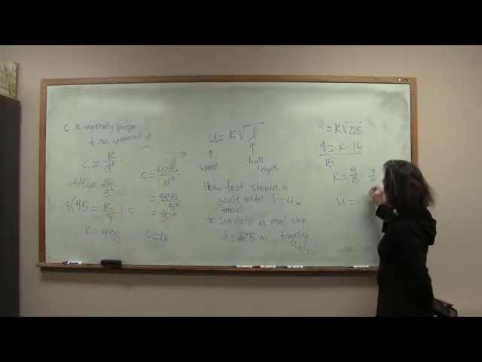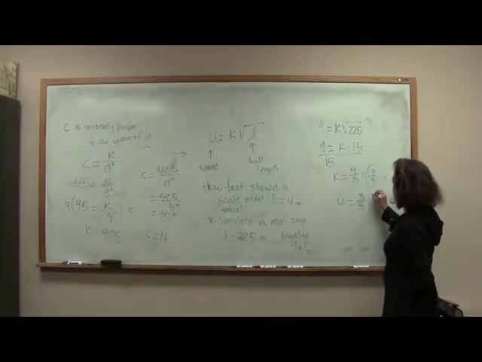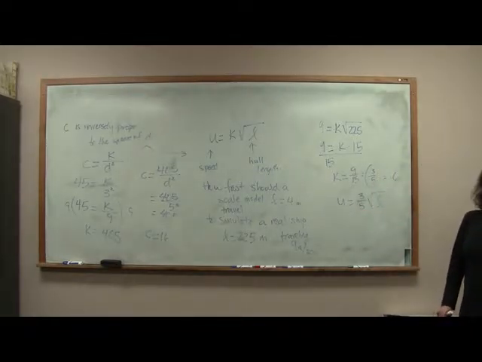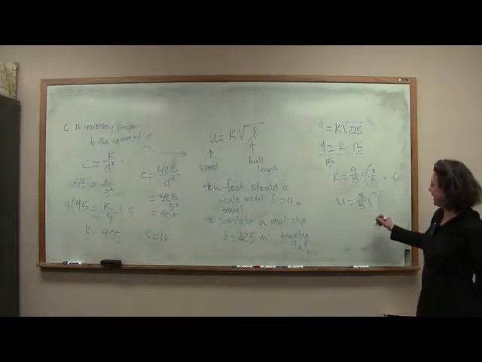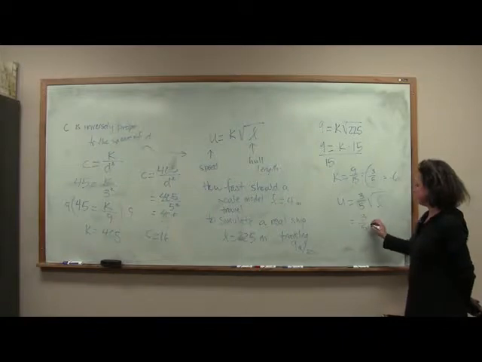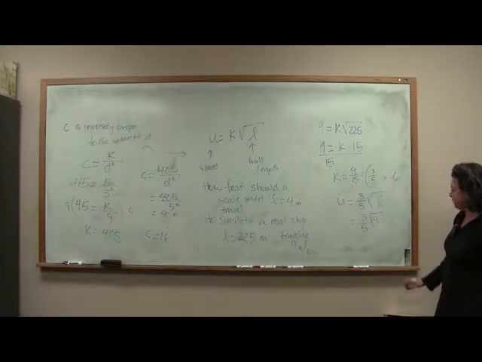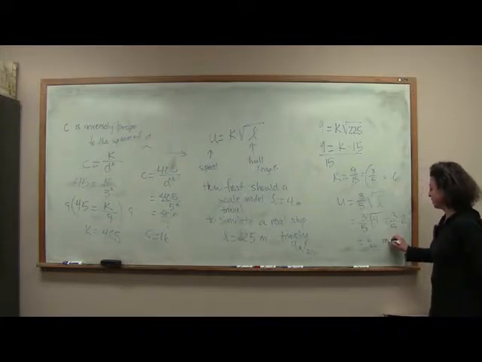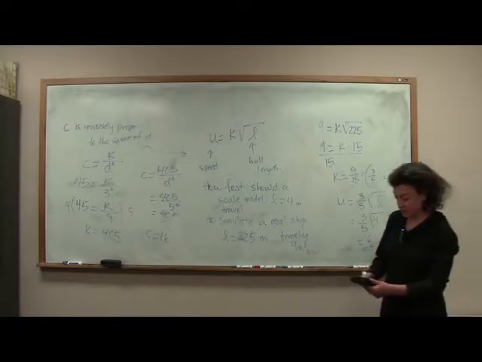So, I'm a fraction type of person, so I'm going to rewrite my equation now as U equals 3/5 times the square root of L. Well, what do we want to find? We want to find U when L is 4. So 3/5 times the square root of 4. So we get 3/5 times 2, which is 6/5 meters per second, or you could say 1.2.